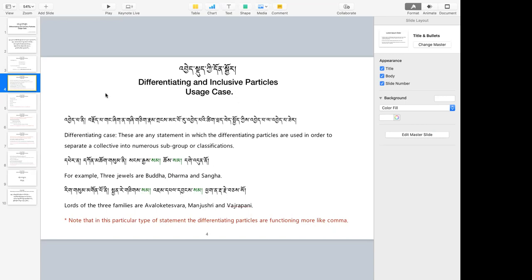The first criteria it should fulfill is apparent by its nature. That is, it should be a statement that separates a collective. When we say collective here, we mean a name that represents a collective of something.